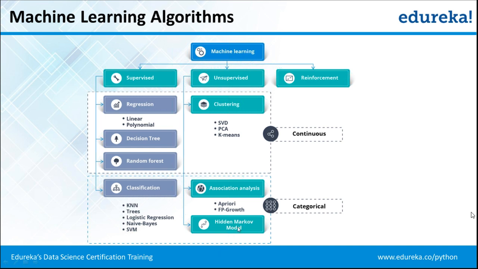Then we will have the hidden Markov model as well, and then reinforcement learning, which I already told you about. You can think of the hidden Markov model when things depend on state: if something happens, then another thing happens, and when that happens, some other thing happens. When there is a chain of rules, or a states diagram, we use the hidden Markov model. I will not talk much about it here because it is not possible to discuss it in a small time.